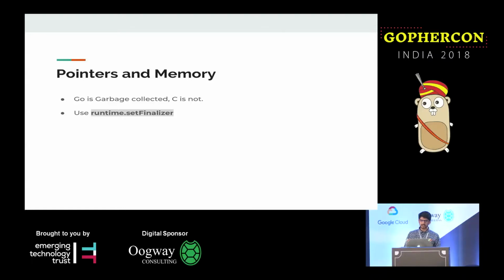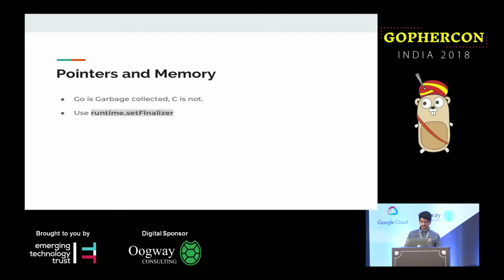And there are also a bunch of complicated rules written out on the Go side, where it says if you have a struct in Go, then that struct cannot have another struct which has Go pointers, and it's very complicated. So I'm not going to go deeper into that. You won't always come across that. It's not very common, but if you do, you can look up the documentation at that time.